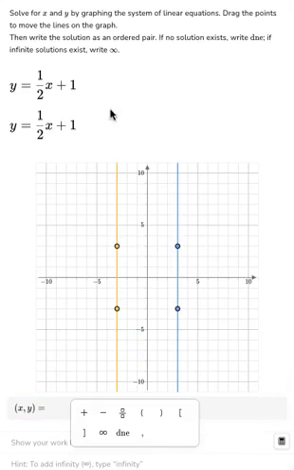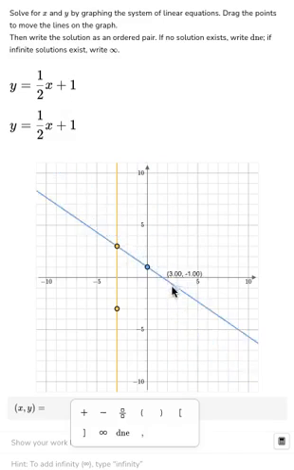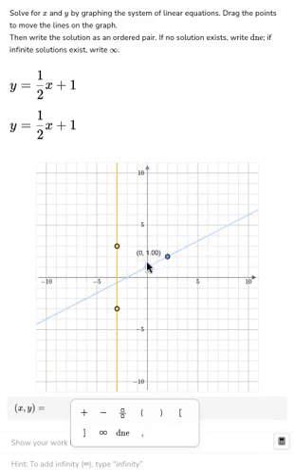Here we have another system of equations. This doesn't look like much of a system because these two equations are exactly the same. So when we graph them, they both have a y-intercept of 1 and a slope of 1/2, so up 1 over 2.